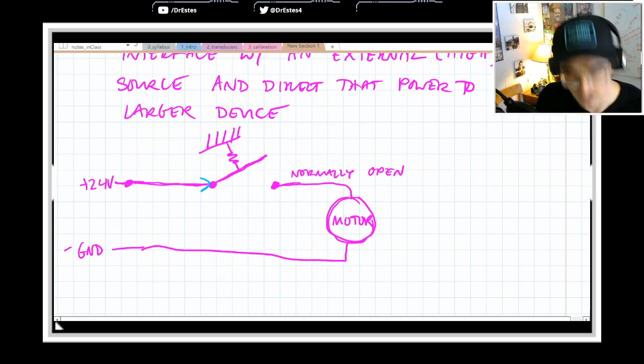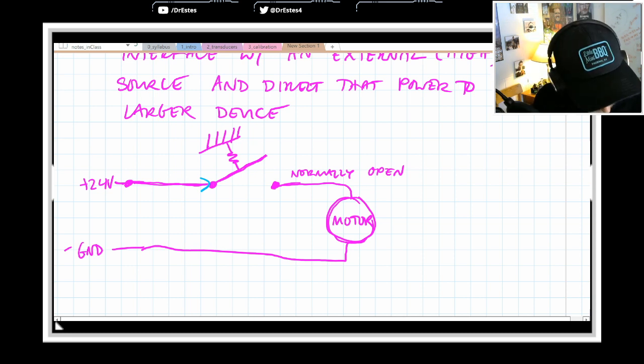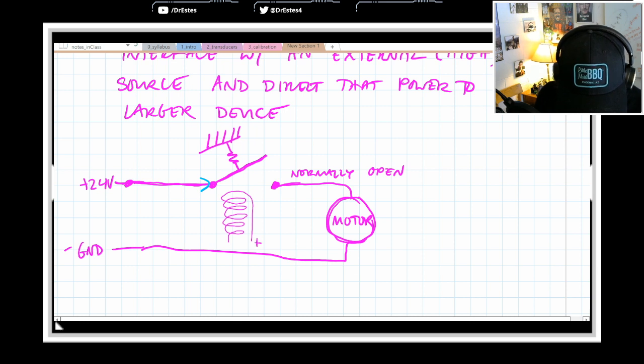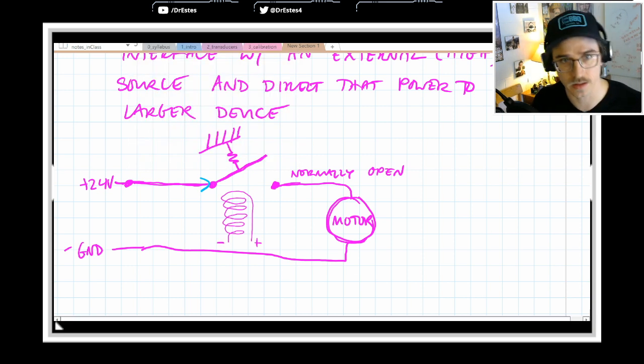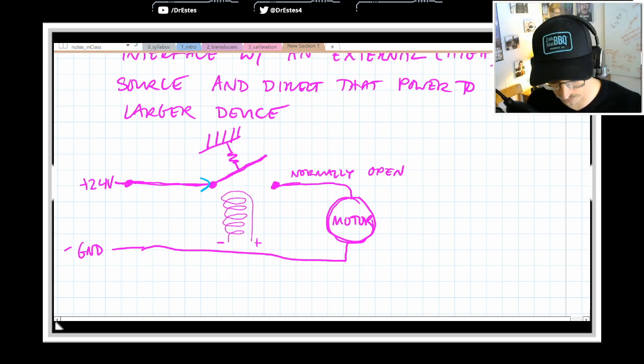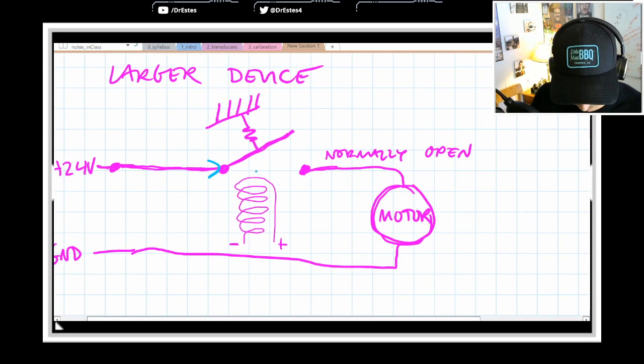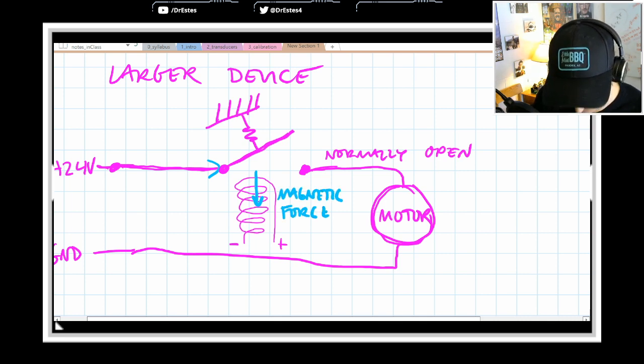Imagine if you could close it with a magnet. So I'm going to draw a coil here. Plus, minus. And this is an electromagnet. So when you run current through it, it generates a magnetic force, and it's going to pull that latch closed.